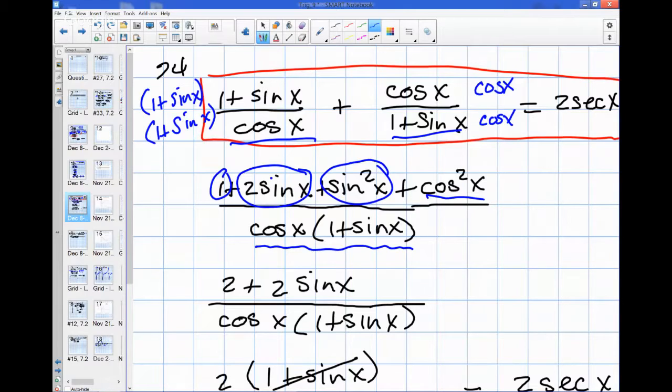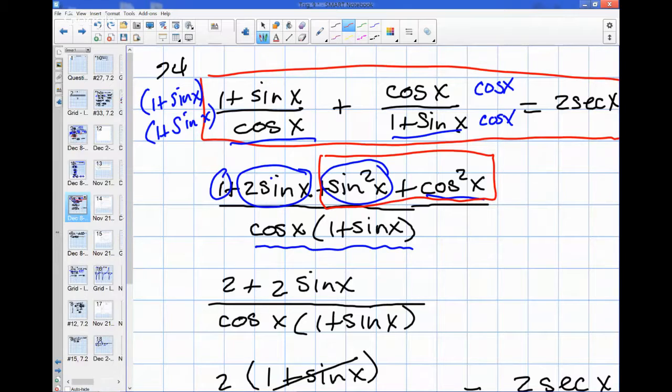Okay, so all I did was some basic algebra, and I combined them into one big happy fraction with a common denominator. All right, now, can we simplify the top at all? You recognize something special about this part right here? Hopefully you see that's an identity. Yeah, that's 1.